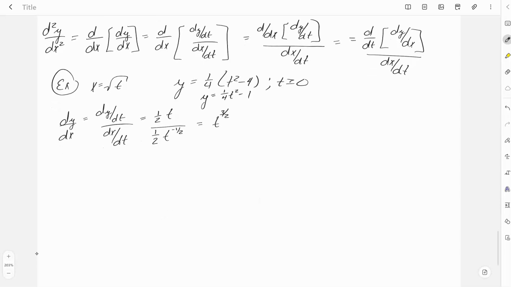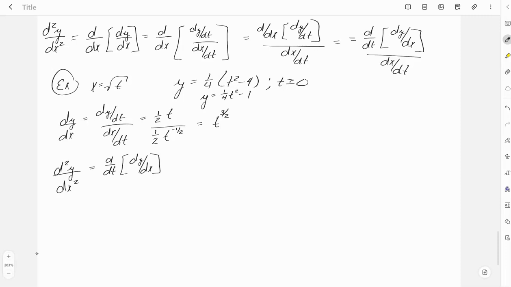So now we want to find that second derivative. So to find the second derivative, I'm going to follow this format. So I'm going to rewrite my formula here. So I have d over dt over dy over dx.